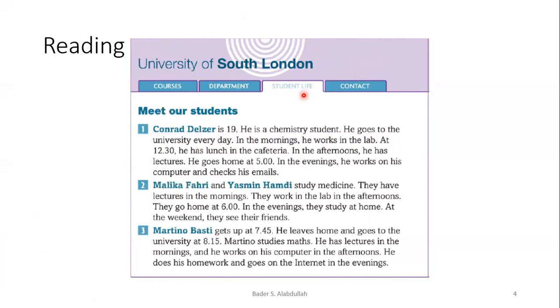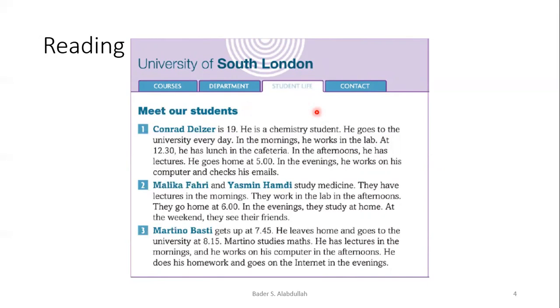It says student life. So obviously this is about the students at the University of South London. Okay, and as you can see in the subtitles, it says Conrad Delzer, Malika Fahri, and Yasmin Hamdi, and Martino Basti. So obviously this text is talking about those students, okay?